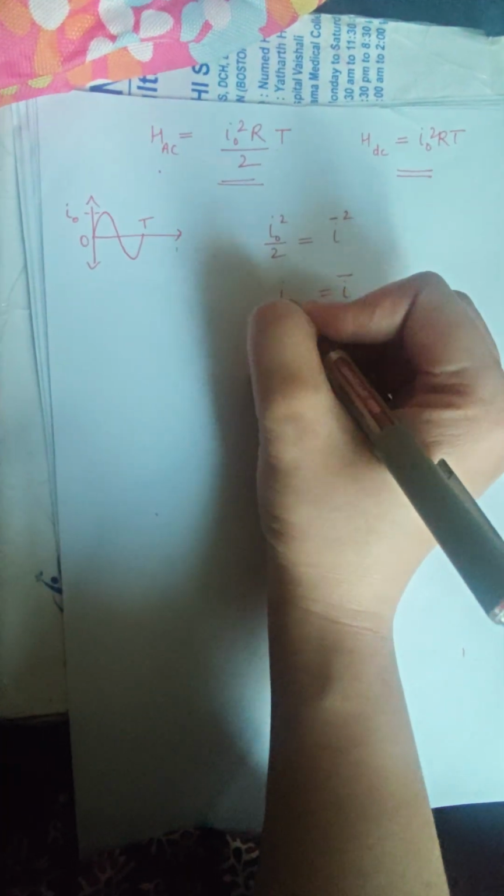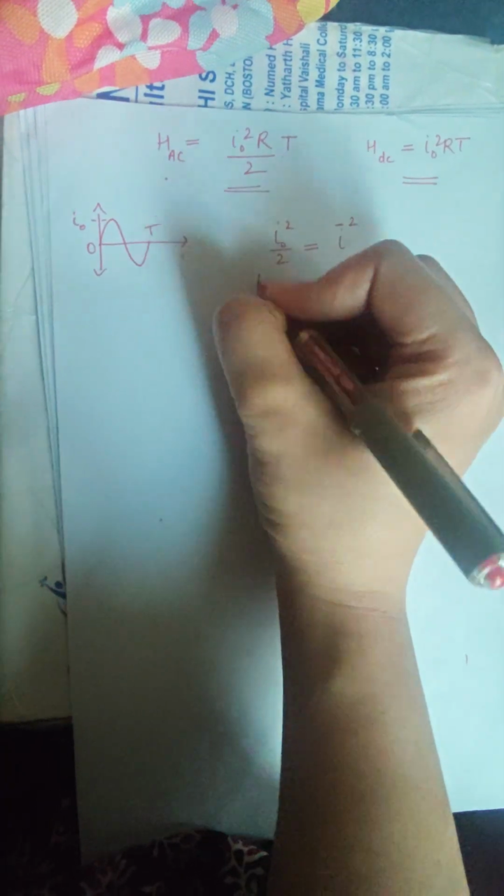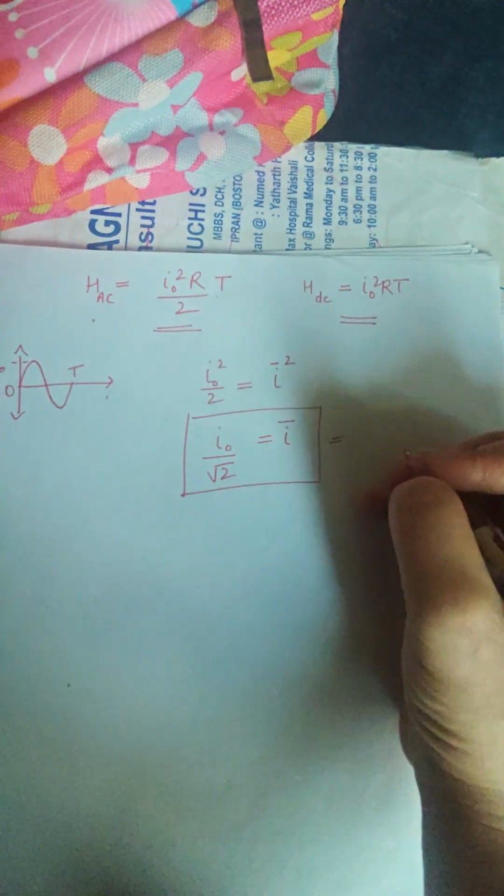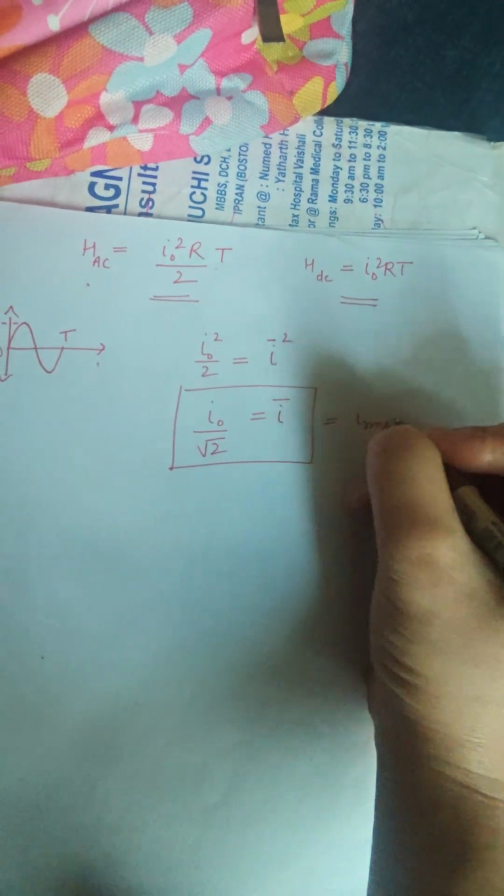and if I have to find this value I bar, it would come out to be I naught upon root 2. This current is basically called the RMS current, IRMS.